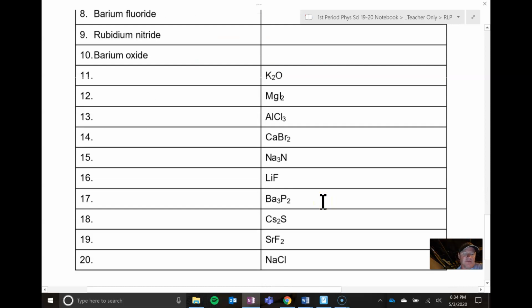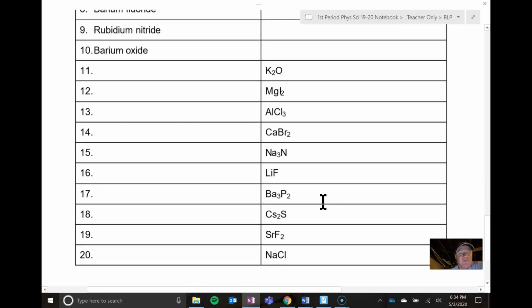Now, 11 through 20 at the bottom, this is the easy part. You will buzz right through it because you're given the formula, and you just have to write the name. And all you do is you just name these ions here. So K2O, K is potassium. And how do we name those cations?